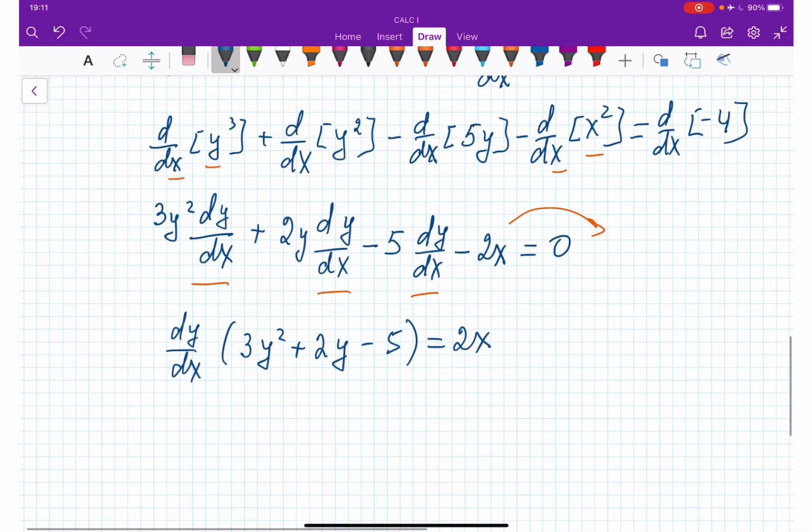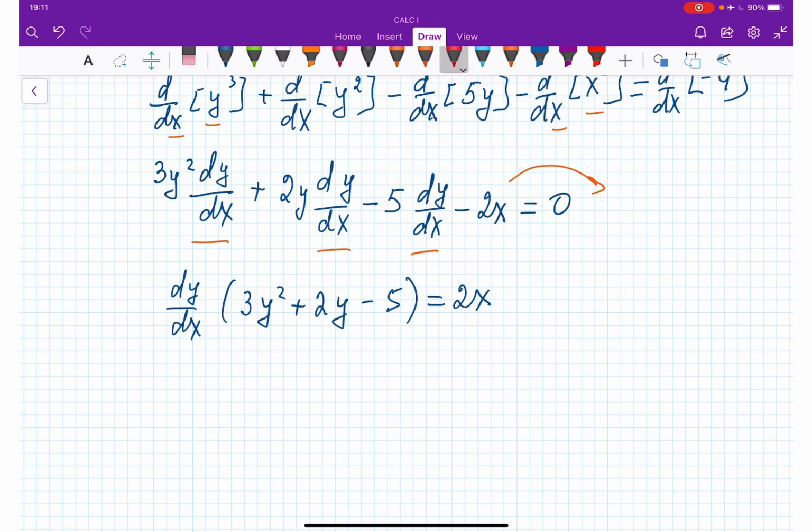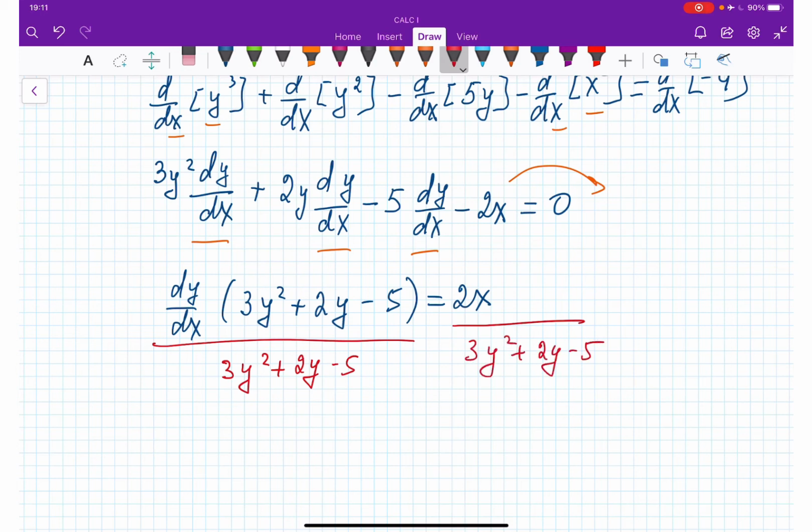Okay, and from here I'm going to divide by 3y squared plus 2y minus 5. See here between the dy by dx and this whole polynomial expression, we have multiplication. So this polynomial expression is a coefficient for dy by dx. Therefore, I can divide, so this is going to cancel, and we get dy by dx.